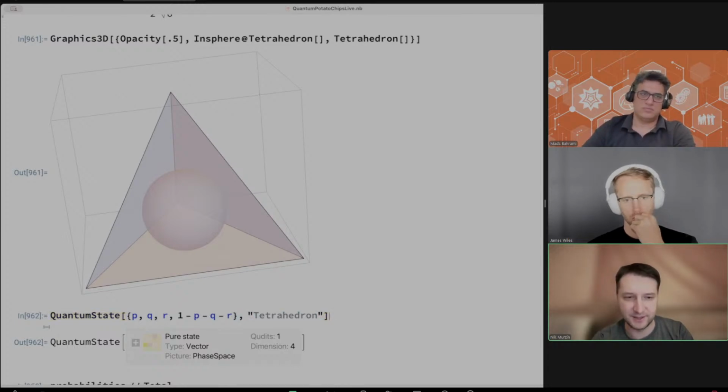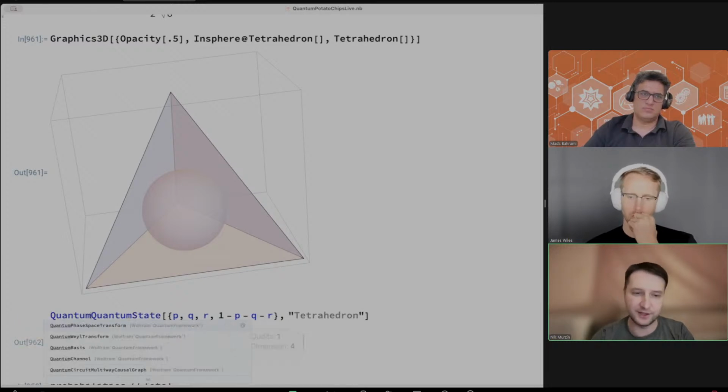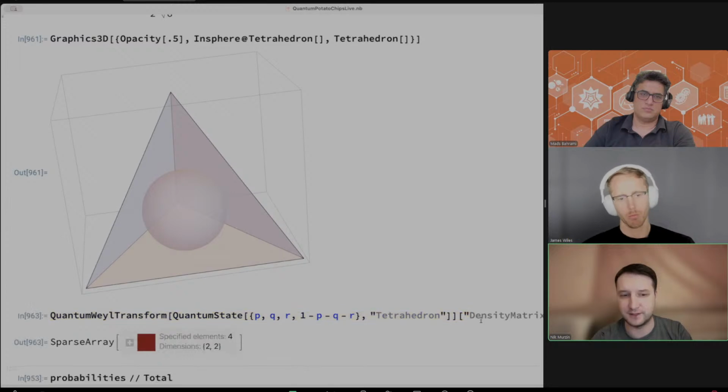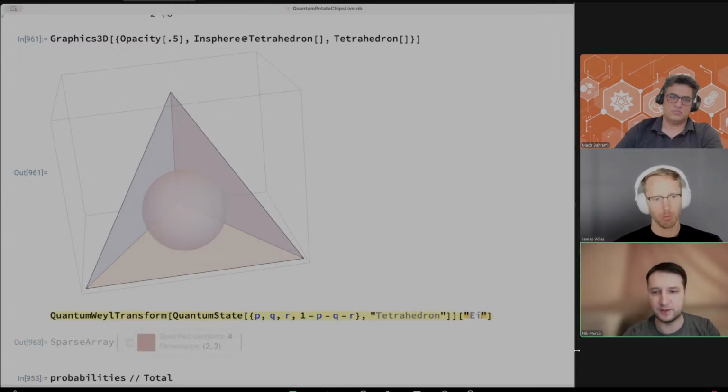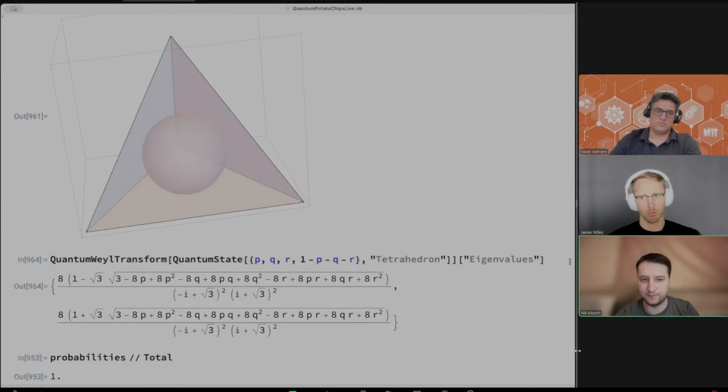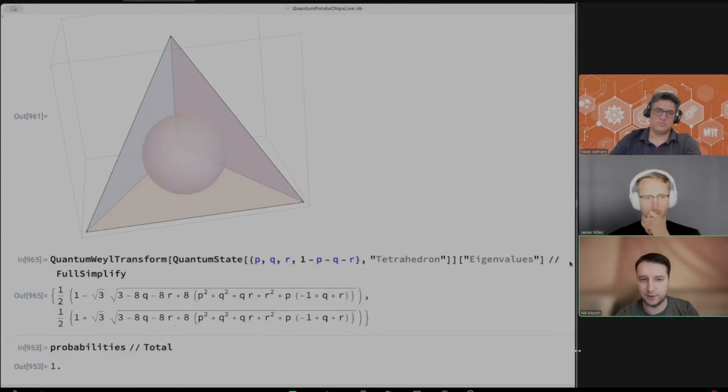In this basis, if you go back to the Hilbert space, to our usual representation, which we do with the Weyl transformation, and extract the density matrix, or just compute the eigenvalues directly, we're going to have some numbers, and we can impose that those eigenvalues have to be positive, right?